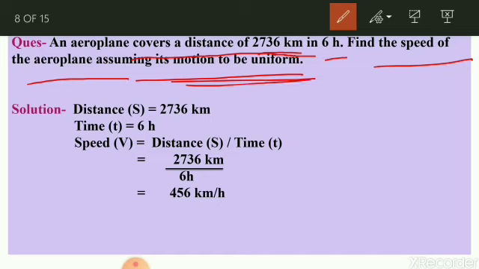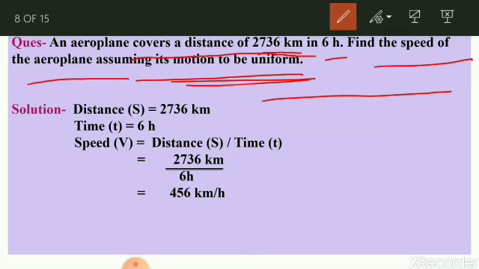Uniform means it is covering equal distances in equal intervals of time. Later on we will study how to find the speed if an object is moving in non-uniform motion. Here we will see an object moving in uniform motion.